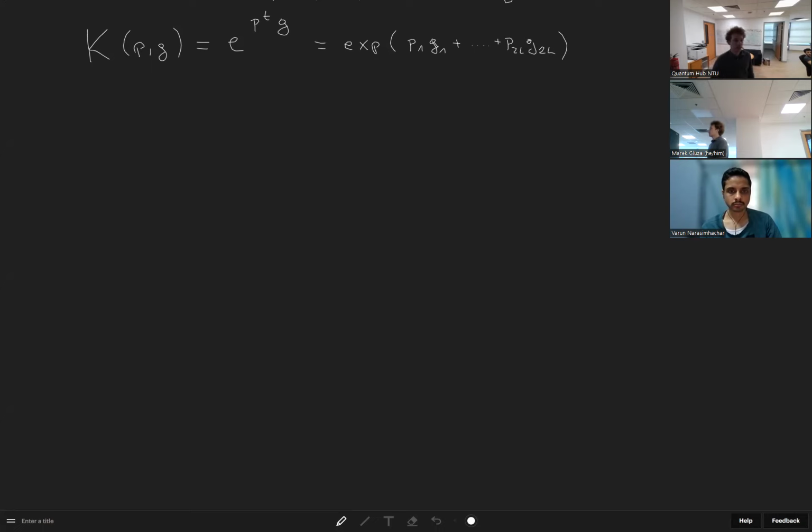And the idea will be that this will implement for us the trace of the operators.